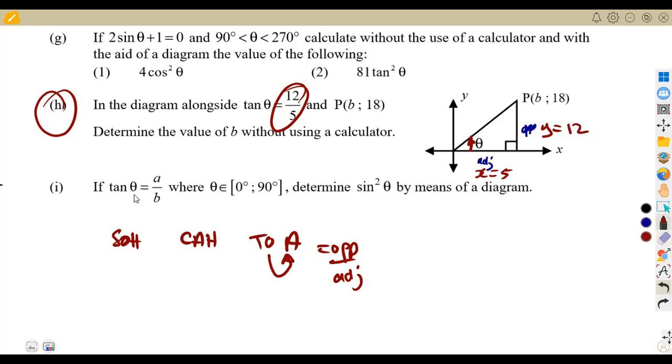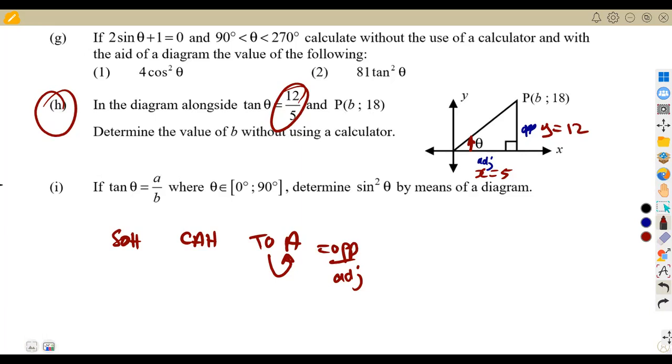All right. Okay, so the question in mind is, this is our point P, which is given as (B, 18). Determine the value of B without using a calculator.